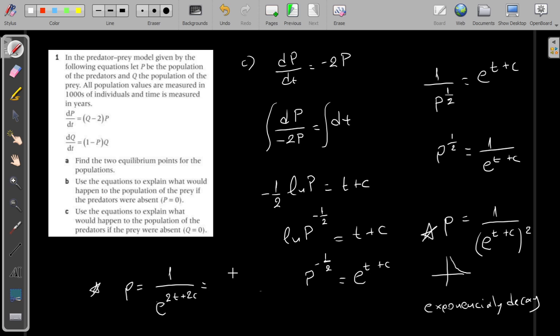If I put e to the power of minus 2c as a constant, which I can call b, P equals b times e to the power of minus 2t. So you see it's exponential decay.